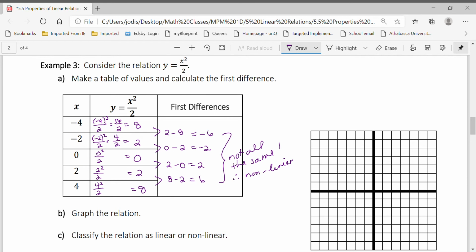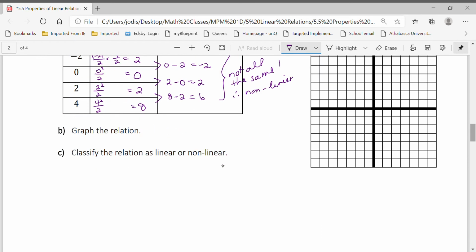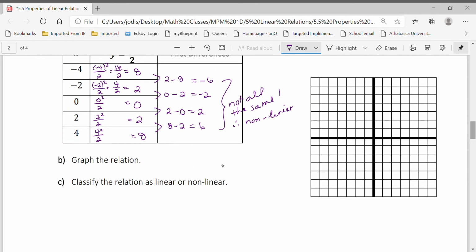Next, they want us to graph this. I'm going to use the same scale as my other one. So 2, 4, 6, -2, -4, -6, and then 2, 4, 6, 8, 10, 12.